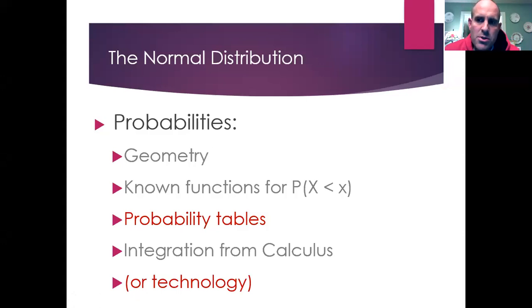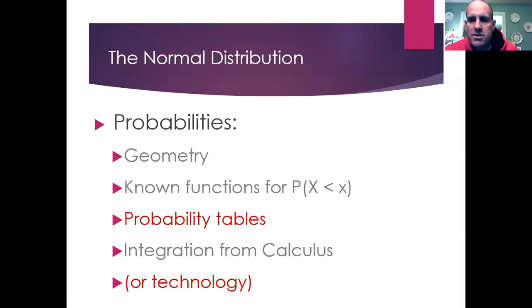Okay, in the continuous distributions that we've had so far, we talked about how you can find probabilities by using geometry, or known functions for the CDF, the cumulative distribution function. We call that capital F of x. That's the probability that capital X is less than little x.